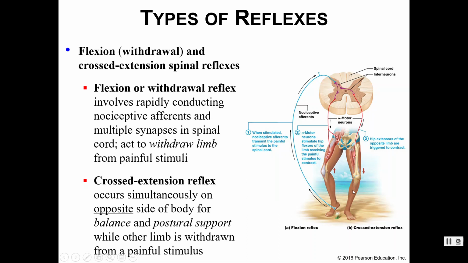So we're going to extend that leg to help with balance and postural support. It's bad enough that you stepped on a Lego, right? You don't also want to fall over because you lost your balance. So your cross extension reflex helps maintain your posture and your balance. And again, everybody has stepped on something that's been painful. That one leg jerks away, that other leg extends and compensates so we also don't fall over.